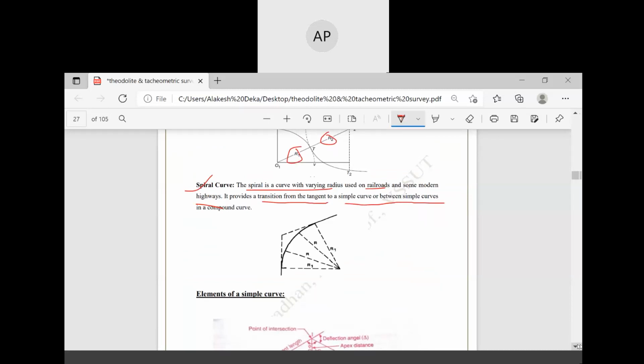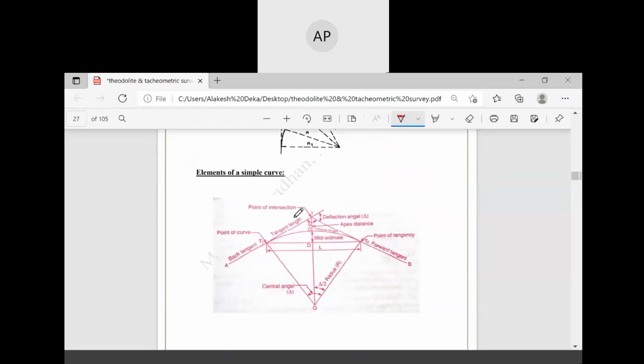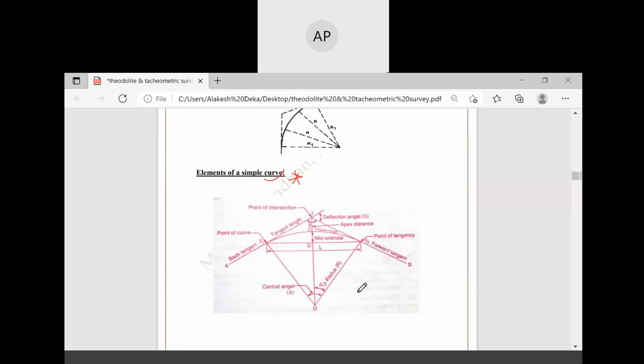Next is the elements of a simple curve. This figure shows the different elements of a simple curve, and this is very important. In a curve, it has a tangent, one radius, one origin, isn't it? From here, this is your curve, so L is the curve length.